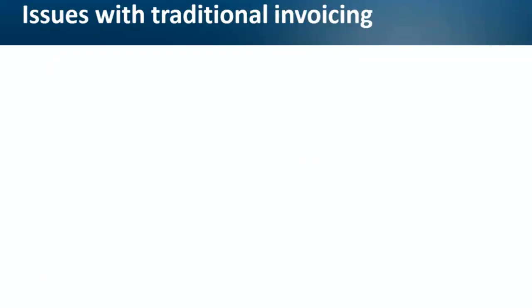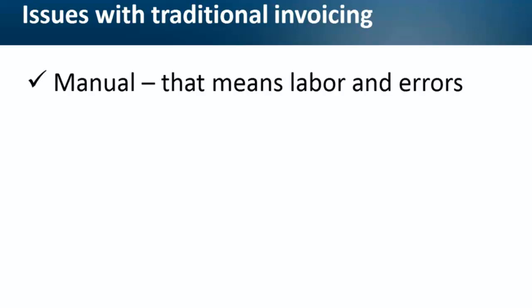So if we were to summarize the issues with traditional invoicing, we would say that the process is manual, someone has to do this job over and over again, and the process is prone to errors. Someone can accidentally send the wrong invoice pages to your customer. And also the process is not scalable, which means the more invoices you produce, the more labor hours are required to properly print them off and send them out.